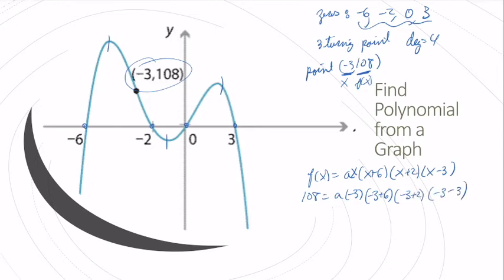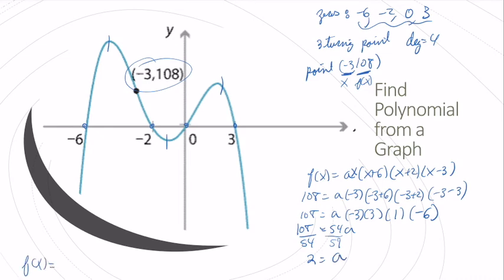So 108 equals a times 3 times -1 times -3 times -6, which gives me a positive 54. I divide both sides by 54, and I get that 2 equals a. So I can rewrite my polynomial as 2 times x plus 6, times x plus 2, times x, times x minus 3. And then I could FOIL this out to get it in standard form.